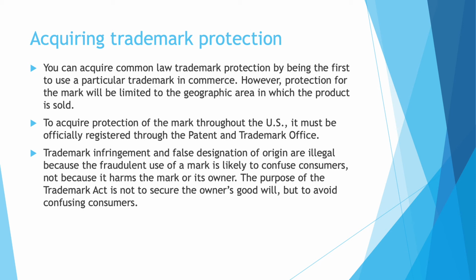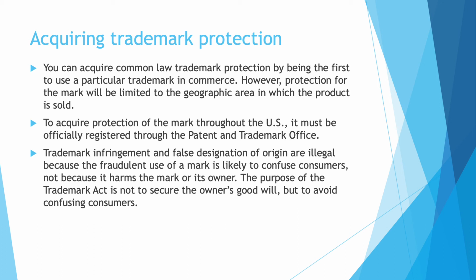You can acquire common law trademark protection by being the first to use a particular trademark in commerce. However, protection for the mark will be limited to the geographic area in which the product is sold. To acquire protection of the mark throughout the United States, you must officially register it through the Patent and Trademark Office.